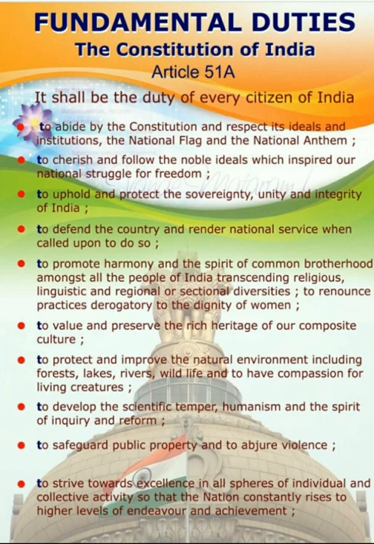The Representation of People Act provides for disqualification of members of the Parliament or state legislature. The Wildlife Protection Act 1972 prohibits trade in rare and endangered species. The Forest Conservation Act of 1980 checks indiscriminate deforestation and diversion of forest land for non-forest purposes.